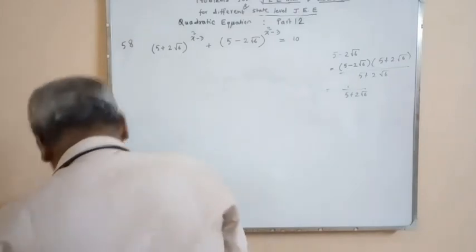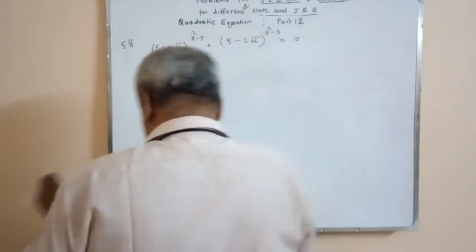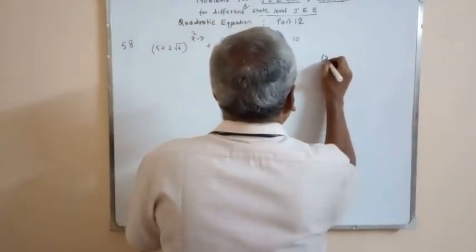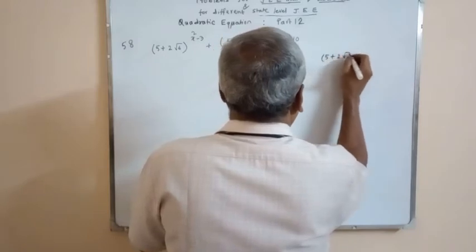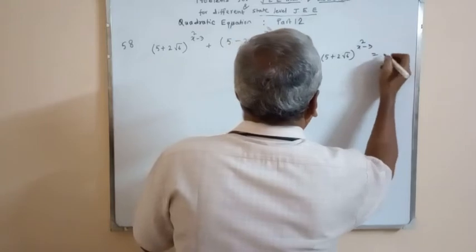let us take now (5 + 2√6)^(x² − 3) equal to, say, a.